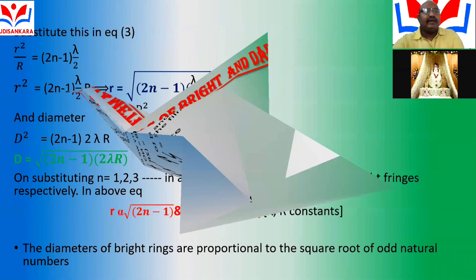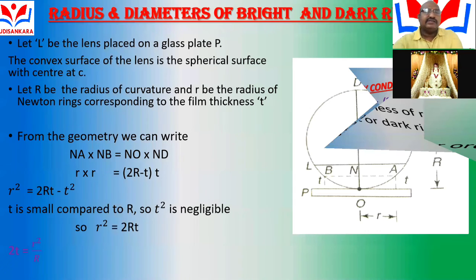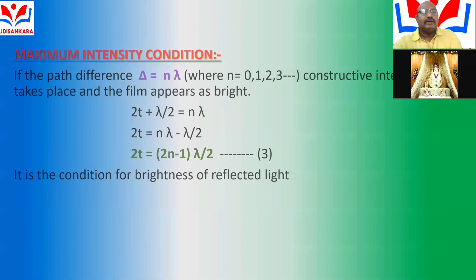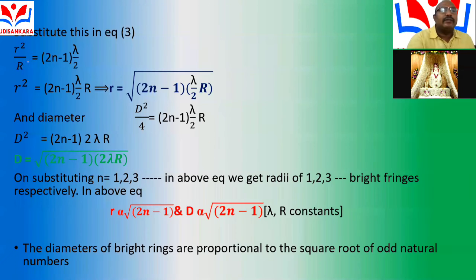So substitute the T value in equation 3. Equation 3 is what you already know. So this is called equation 3. So 2T, substitute the T value from equation 3 into equation 4. So r square by capital R is equal to 2n minus 1 lambda by 2.